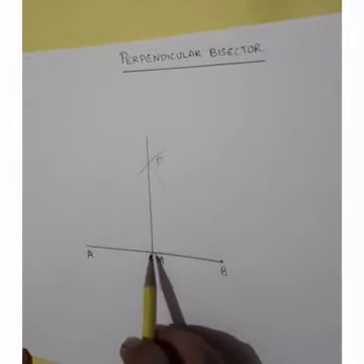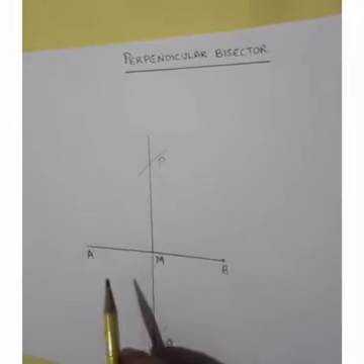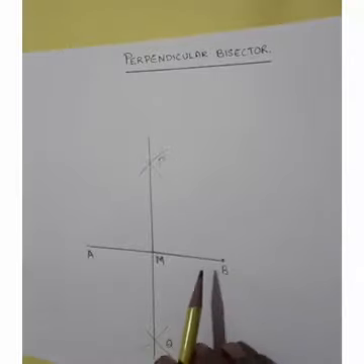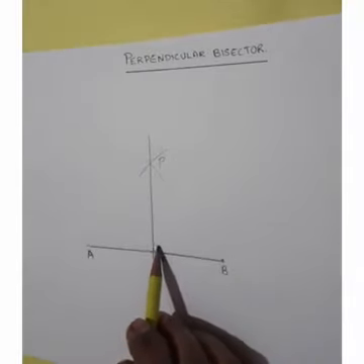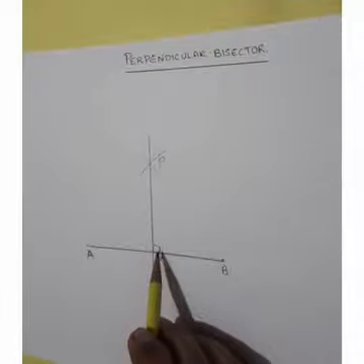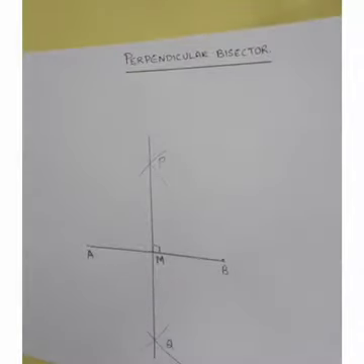The point is M. This M is the midpoint of AB, as well as this angle is 90 degrees. So this is the perpendicular bisector construction.